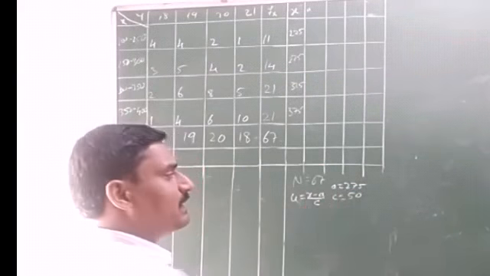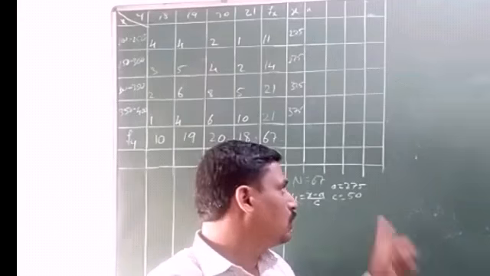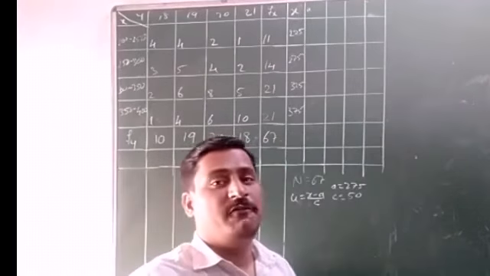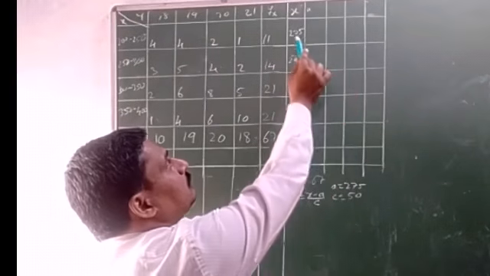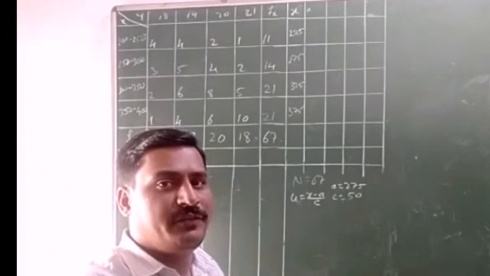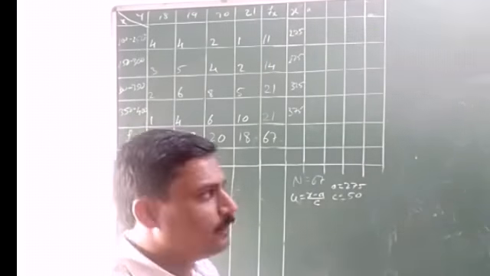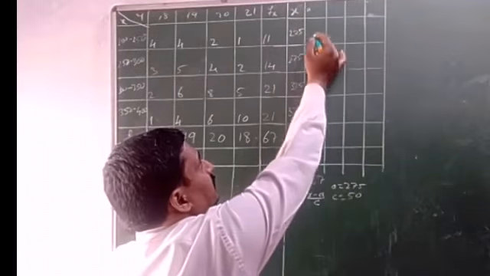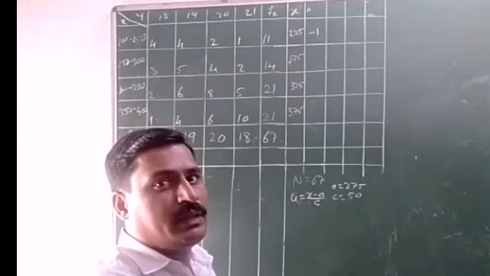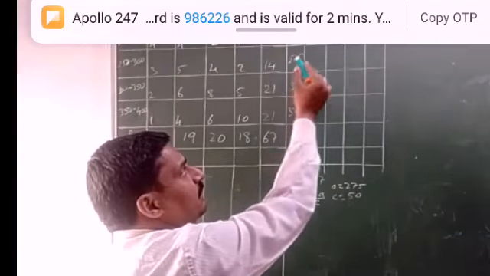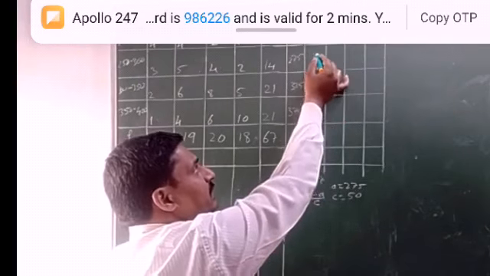So x minus 275 divided by 50. What do we get here? 225 minus 275 is minus 50, divided by 50 is minus 1. Then 275 minus 275 is 0, so 0 divided by 50 is 0.